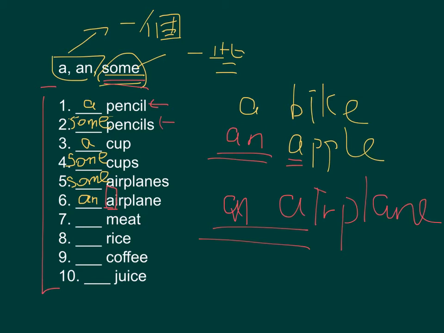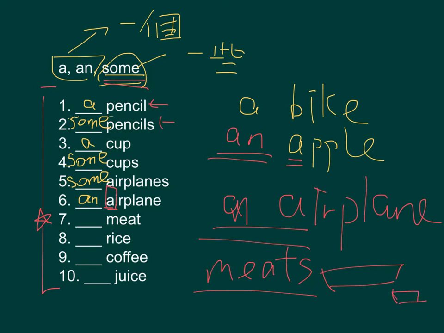Okay, so some tricky points here. Number 7, meat. Can we use meat? Try to think about it carefully. Will we see meats? Because meat can be in this size or in this size.